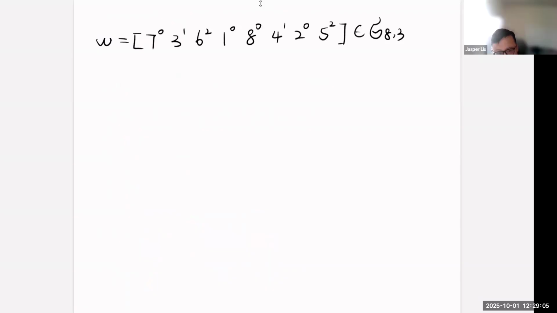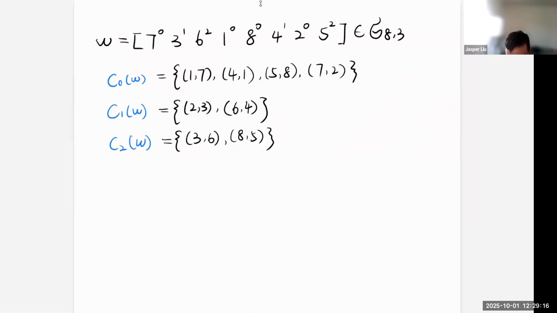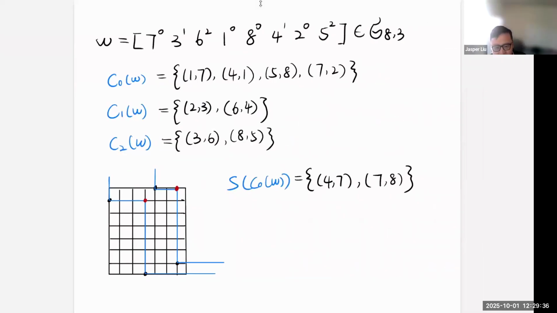Given a colored permutation, we write it in its one-line notation, that is, an underlying permutation with the colors. And here, since 1 is going to 7 with color 0, I'll just put 1, 7 in the color 0 part. And 2 is going to 3 with color 1, so I put 2, 3 in the color 1 part. And repeat this process. And now, I will do the shadow construction only on this color 0 set, and I will record the shadow set of the color 0 part.